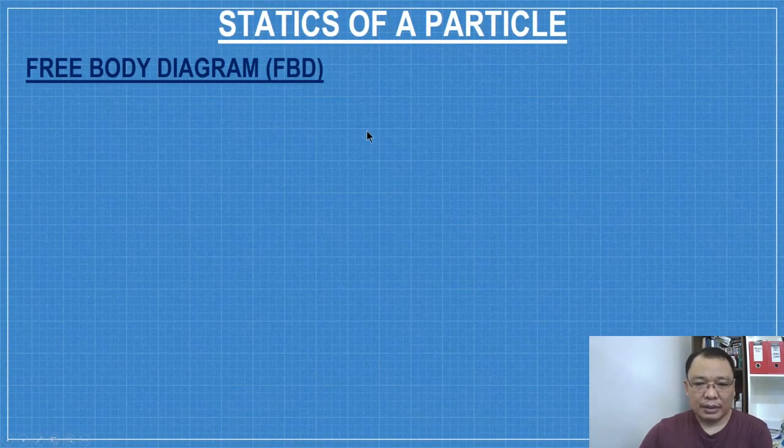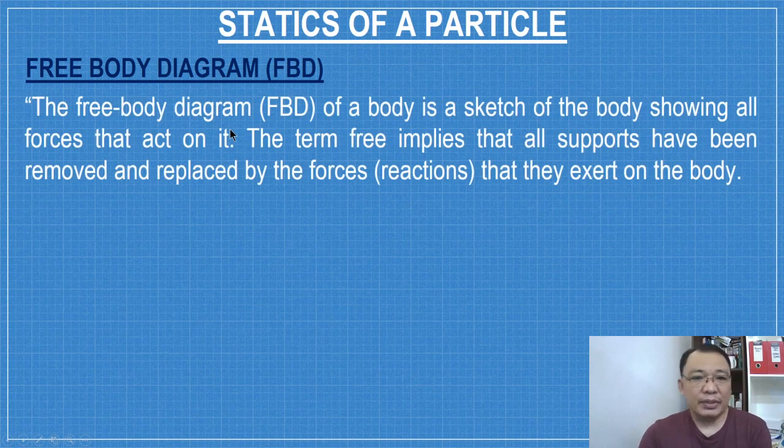Now, in analyzing static problems, it is very important that you know about the free body diagram. The free body diagram, or FBD in short, of a body is a sketch of the body showing all forces that act on it.